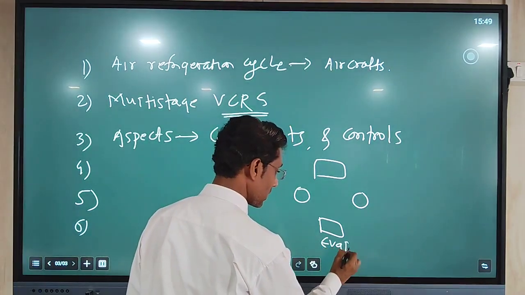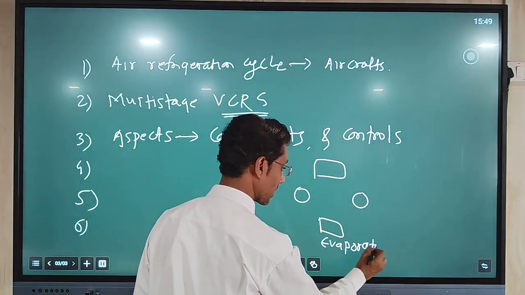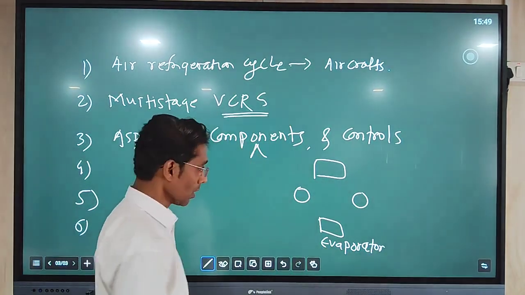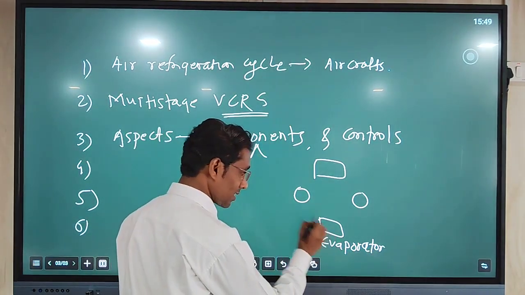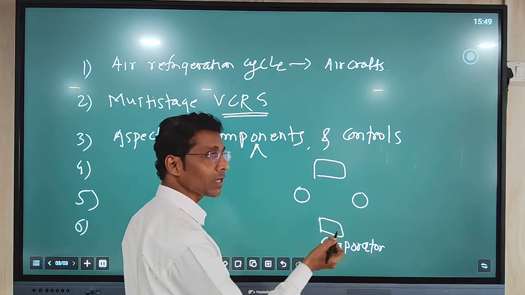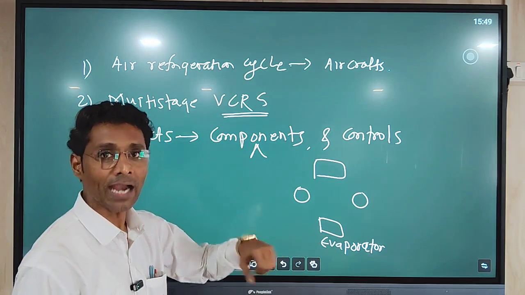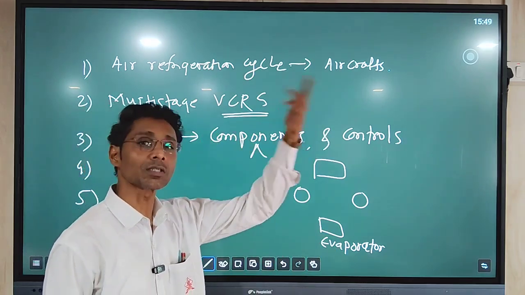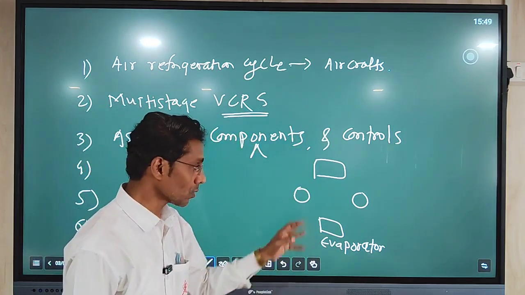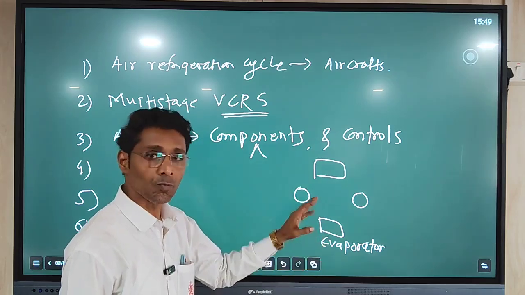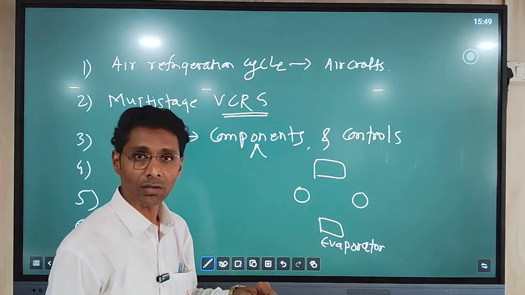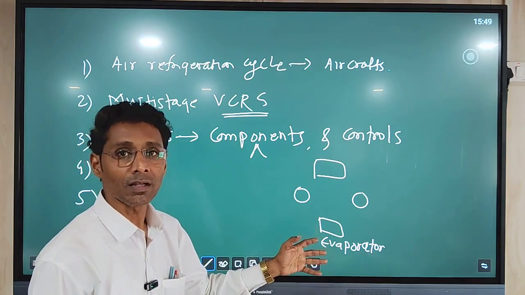Where the cooling effect is required, that space is called the evaporator. At this evaporator, to produce the cooling effect, it is necessary to transfer heat from this space and reject that heat to the surrounding. So how is transfer of heat from one location to another location possible?